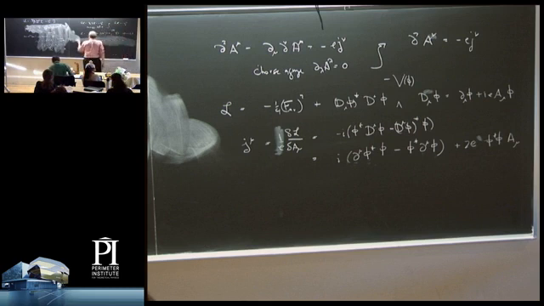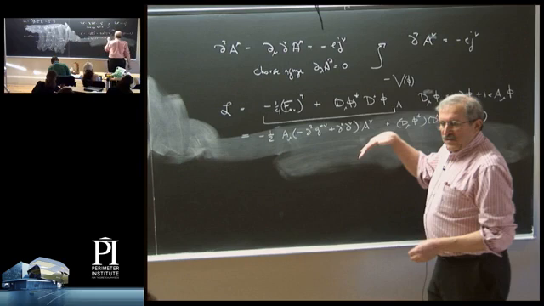So let me write this out as 1/2, if I integrate by parts here, A mu minus del squared g mu nu plus d mu d nu A nu, plus some terms that involve d mu phi, minus V of phi.